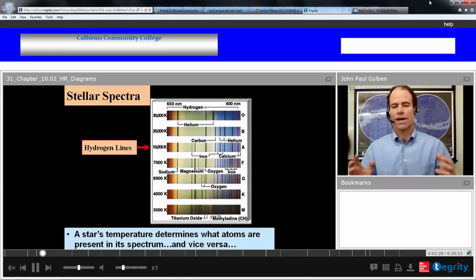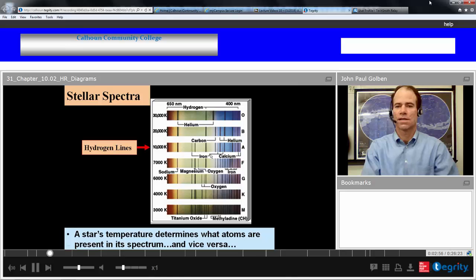In some stars the pattern of hydrogen would be more prevalent than in other stars. Generally, it might mean that there's more hydrogen present, but not all the way, because at some point, if the star becomes too hot, then the hydrogen will get ionized, and you won't be able to see the signature of the hydrogen as well. So the hottest stars might not have the best signature of hydrogen.